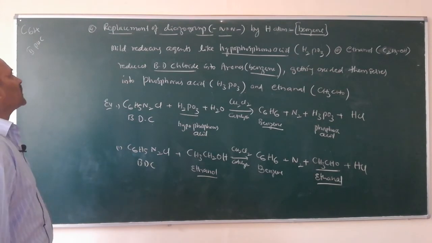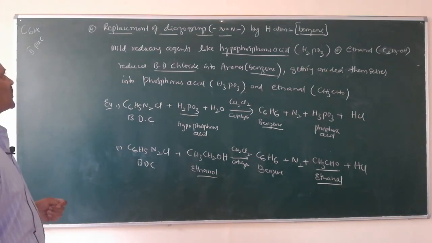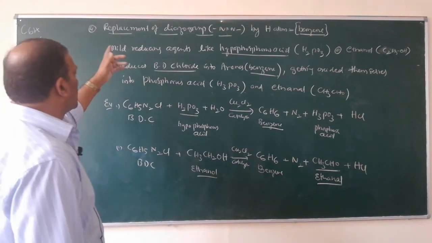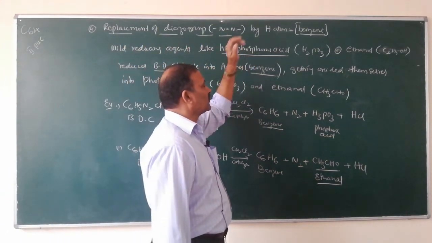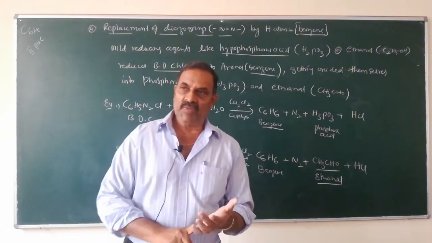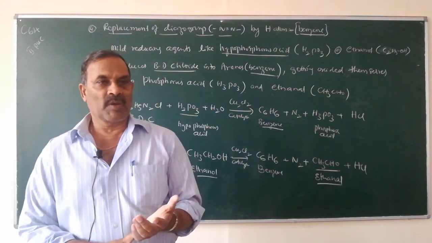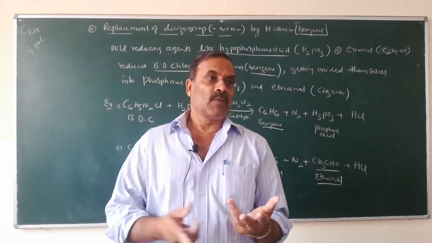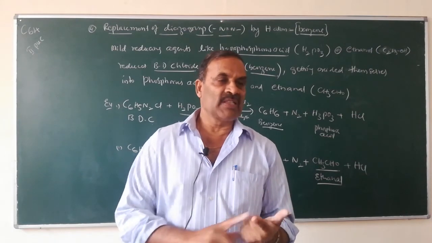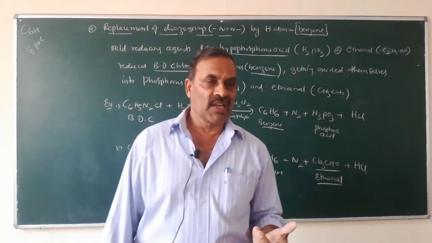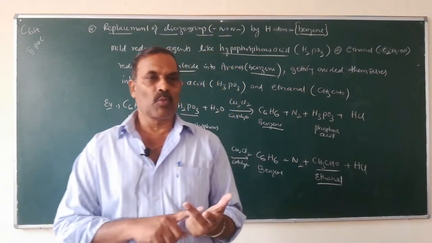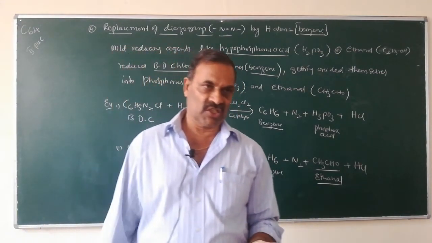So these are the replacement of diazonium group by hydrogen atom. From diazonium chloride we can prepare chlorobenzene, bromobenzene, cyanobenzene from Sandmeyer's reaction, and also we can get chlorobenzene and bromobenzene from Gattermann reaction.